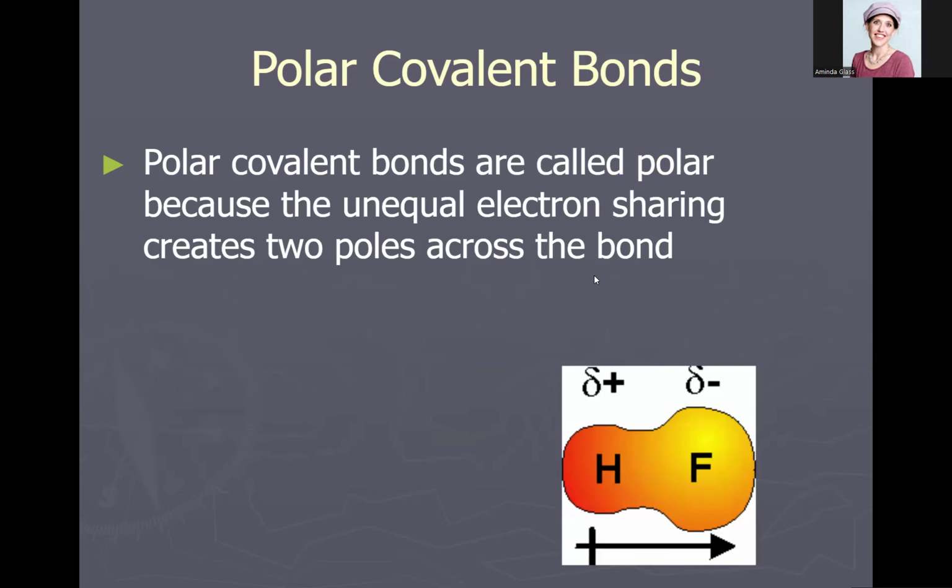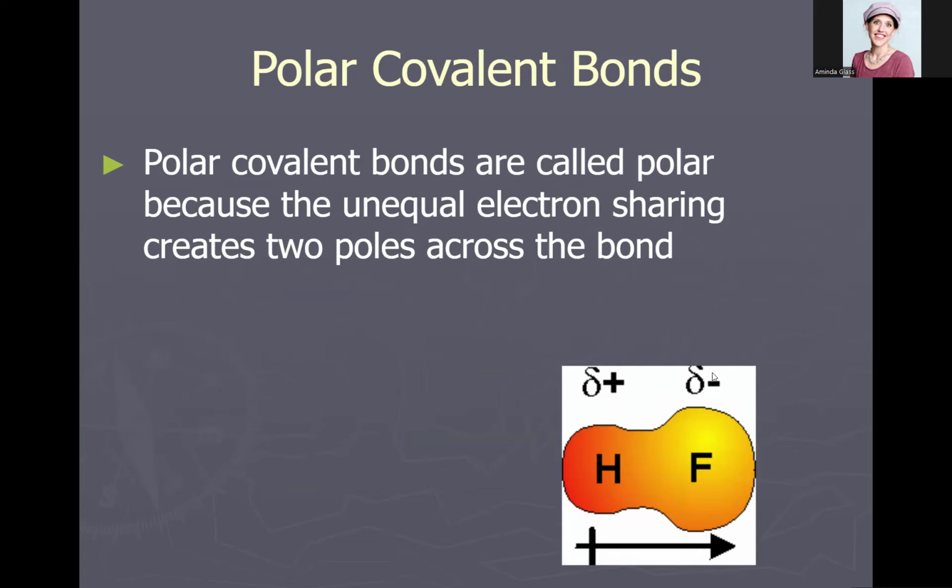So polar covalent bonds are called polar because of that unequal sharing of the electrons in the bond. So here we have hydrogen fluoride, and fluorine is very electronegative. It has a great electron affinity, and so it pulls the electrons closer to it.